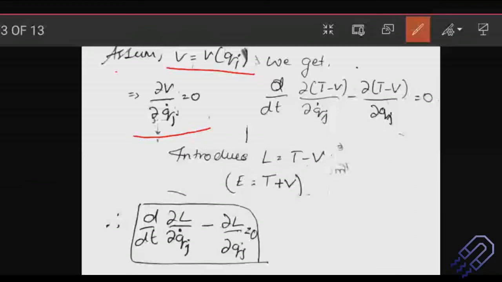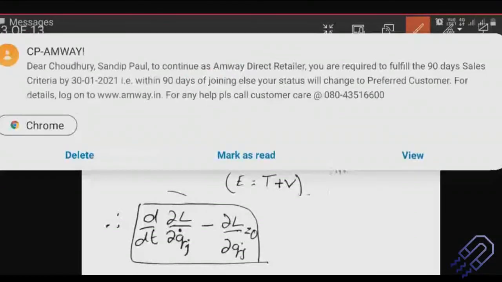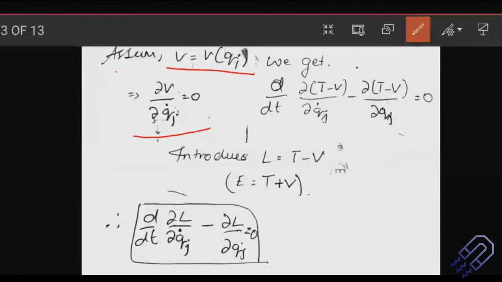So we have d/dt of del of (T minus V) by delta qj dot, minus del qj of (T minus V), is equal to 0. This term can be written in this form because it was delta T by delta qj dot. If we put in a minus V, there is an additional term, but we know that delta V by delta qj dot is 0, so it remains the same.